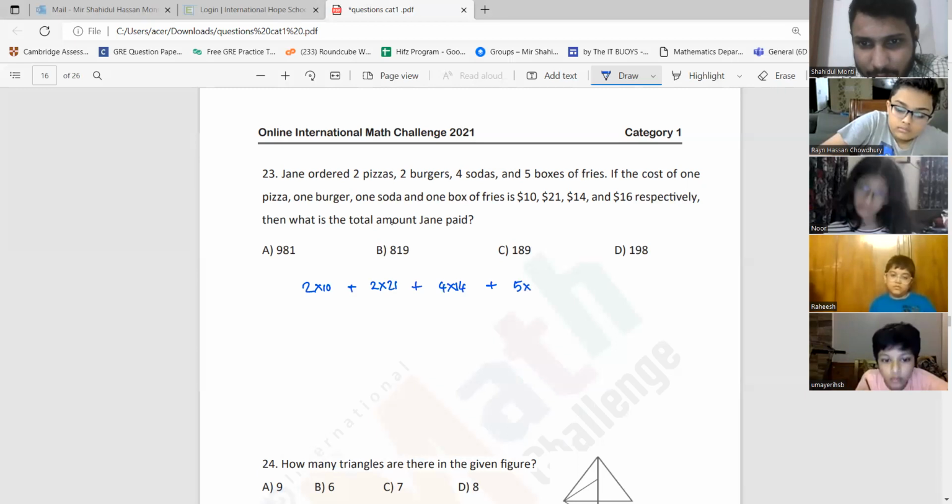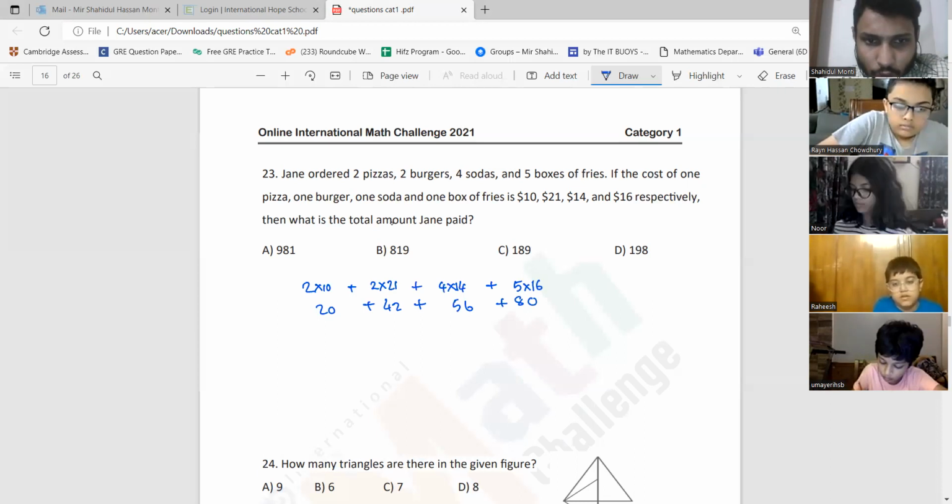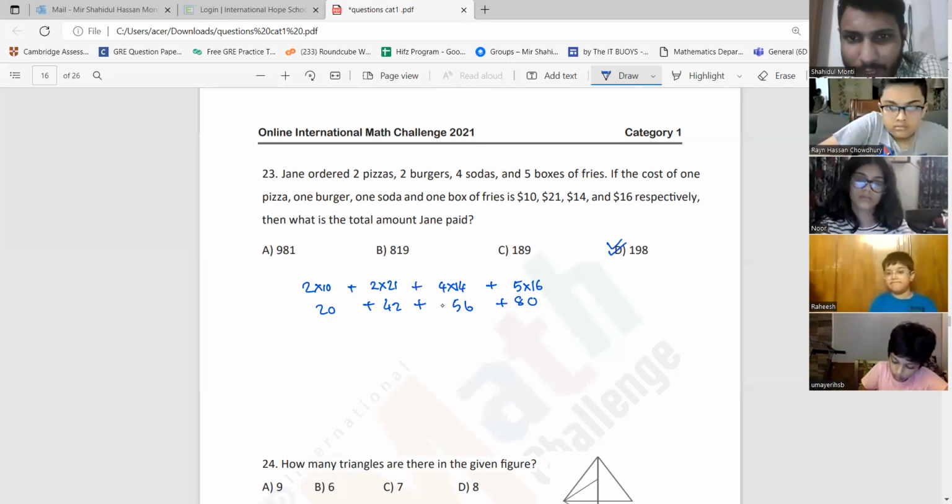So 5 times 16. This is 20. This is 42. This is 56. And this is 80. So 80 plus 56 plus 42 plus 20, that is equal to 198. So we have the answer 198. Right, students?